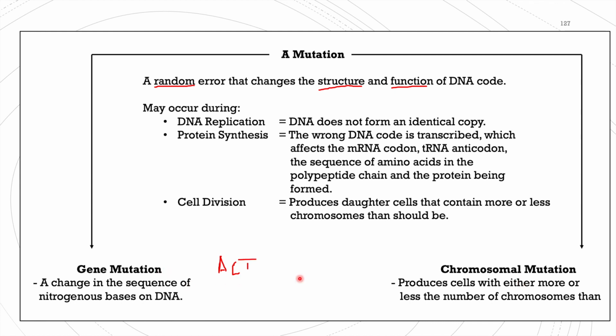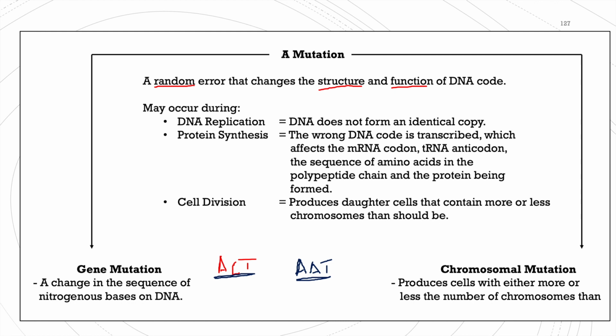But instead of ACT, there is a mistake that happened, and then our DNA code, let's say during DNA replication, instead of making ACT, the process of DNA replication now makes A, A, T. Okay, so as you can see from this DNA template ACT, there was an error that was made. So instead of ACT, the wrong template was made, and now it reads AAT.